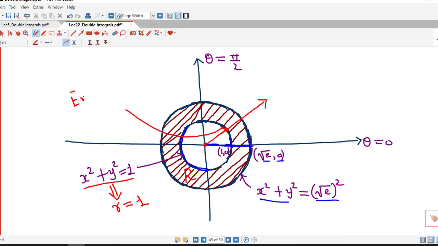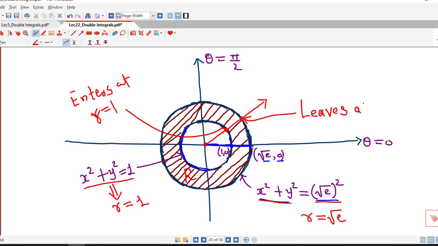So the lower limit for r is r equal to 1, and this is the point at which the ray leaves the region of integration. That point is on this circle and this circle has polar form r equal to square root of e. So the ray leaves the region at r equal to square root of e.